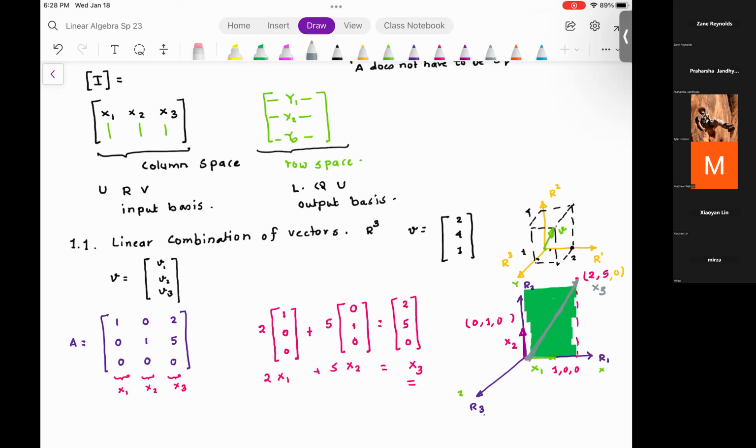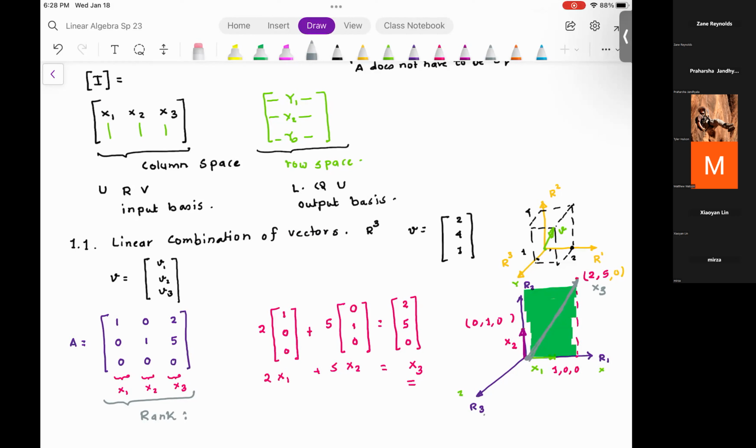What that means is the rank of this matrix, the number of independent columns or independent rows. Rank is the subspace dimension. If I just have R1, that means the matrix rank is 1. If I have R1 and R2, that means matrix rank is 2.